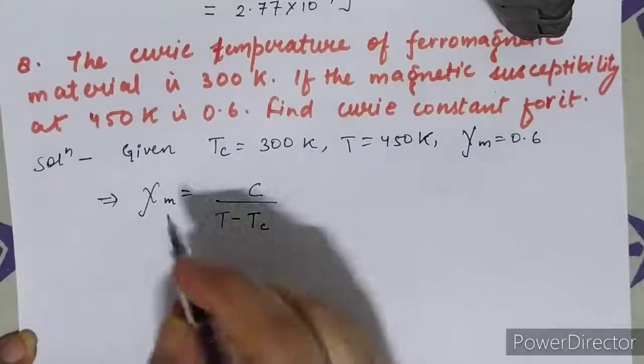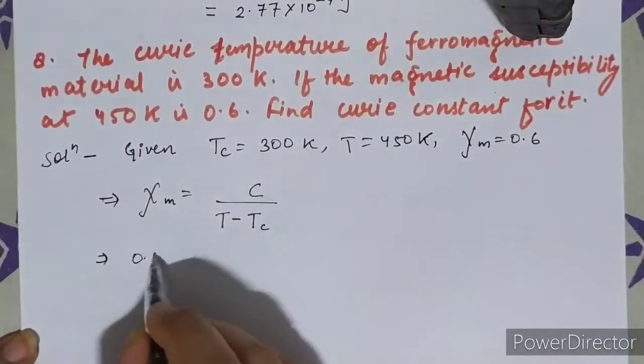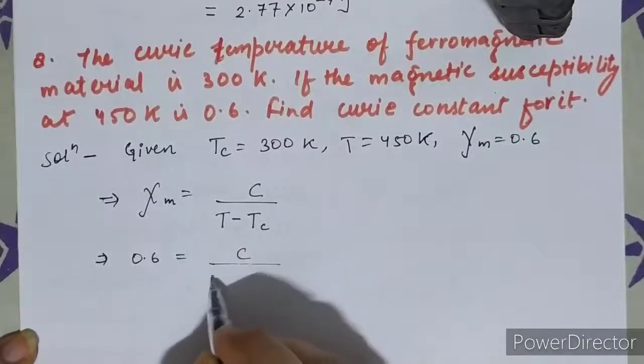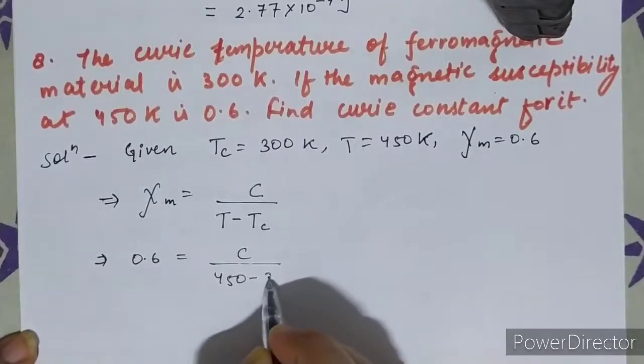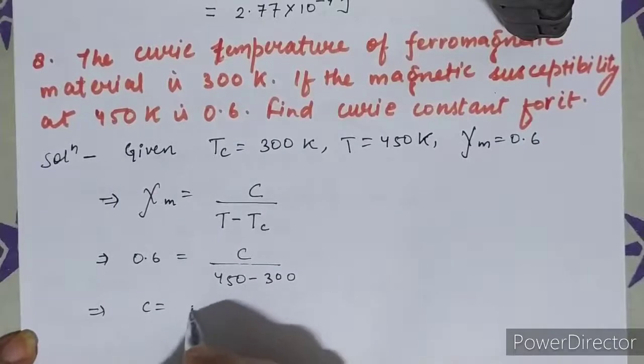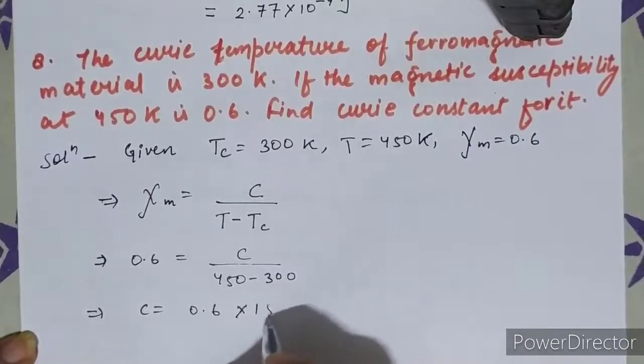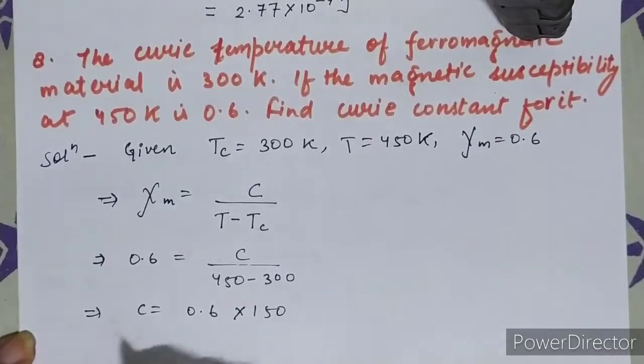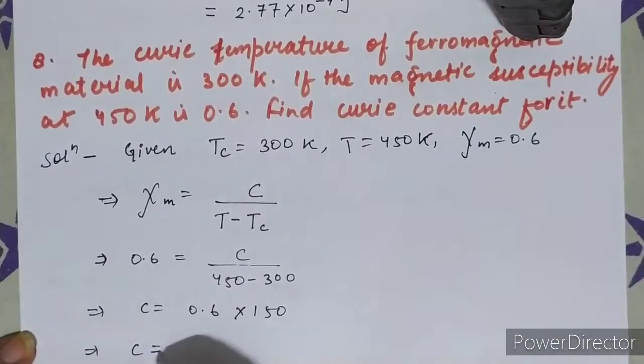Okay, so we have to put the values only. 0.6, this we have to find, 450 minus 300. So from here, C is equal to 0.6 multiplied by 150, and your answer will be 90 Kelvin.